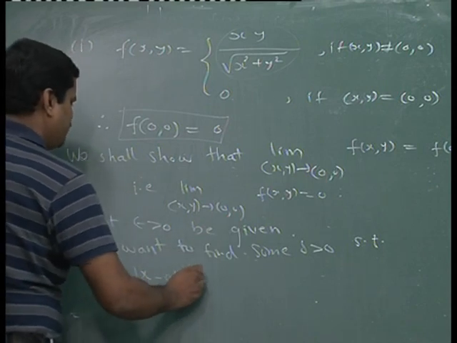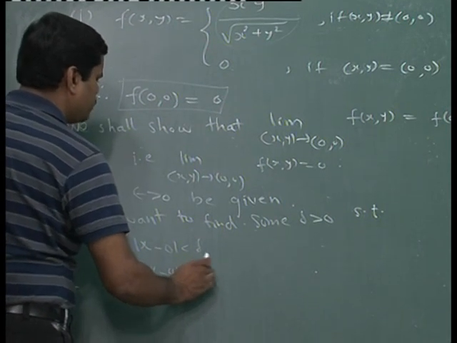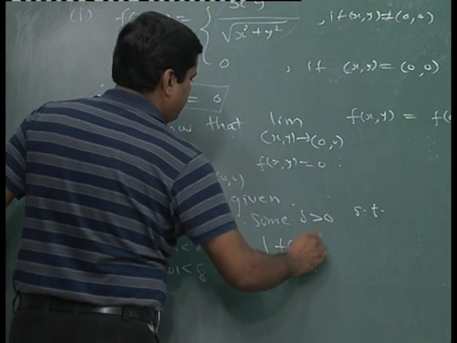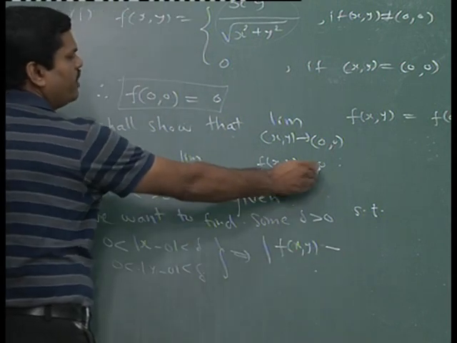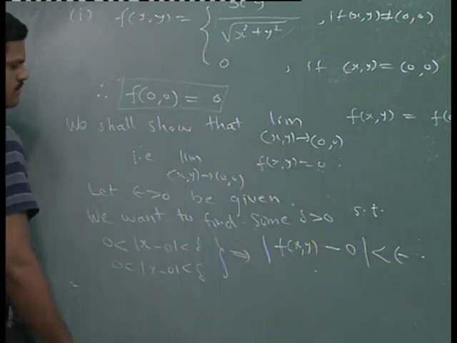So, 0 less than mod x less than delta, 0 less than mod of y minus 0 less than delta, these two conditions together must imply that mod of f(x, y) minus L, what is L? The value of the limit, this 0, this must be less than epsilon, correct.